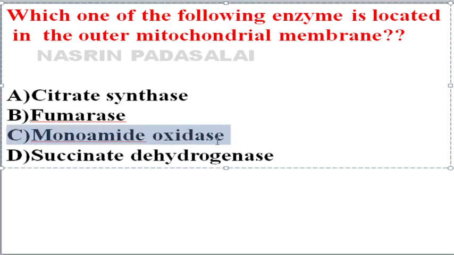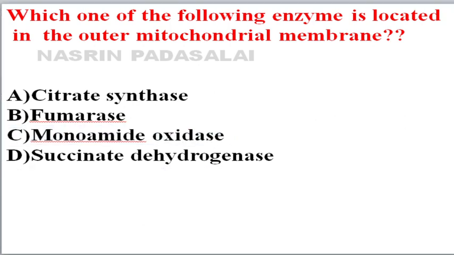Whereas monoamine oxidase is involved in oxidizing monoamines, that is neurotransmitters, and it is present in the outer mitochondrial membrane. You can refer to the paper published in 1967 in JCB. The author name is Schnaitman, you can refer to that paper for further reference. So the correct options are citrate synthetase, fumarase, and succinate dehydrogenase.